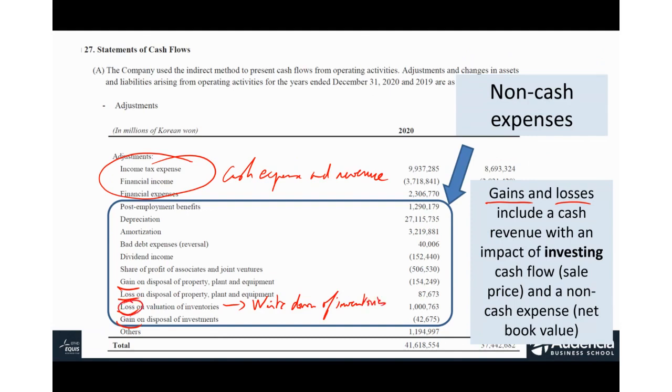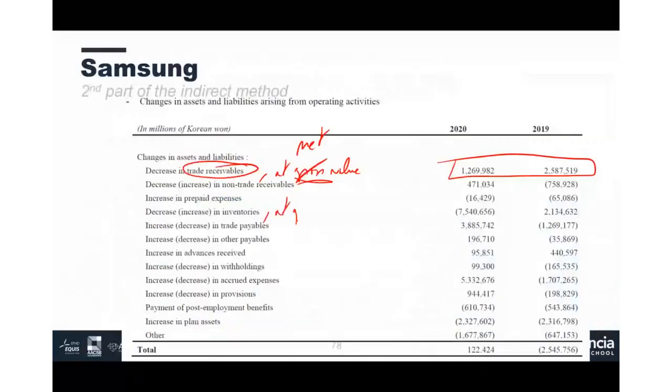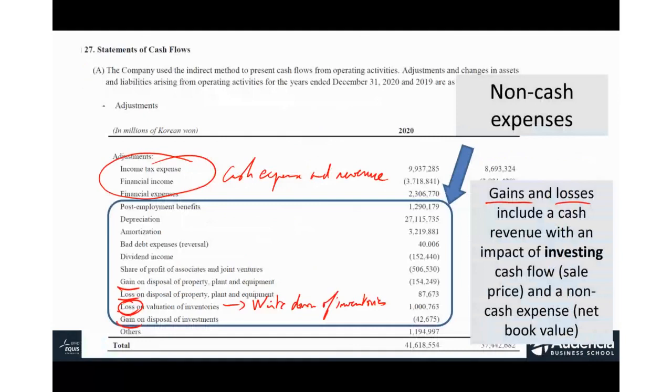Because I have the write down of inventories, in the second step the inventories are also at gross value. So here we have the gross value for the accounts receivable and the gross value for the inventories, because we have the bad debt expense and the write down of inventories.